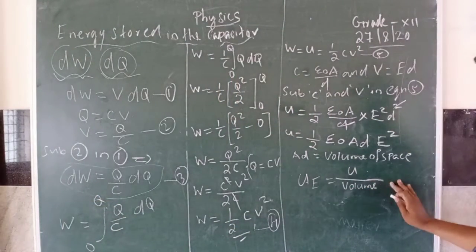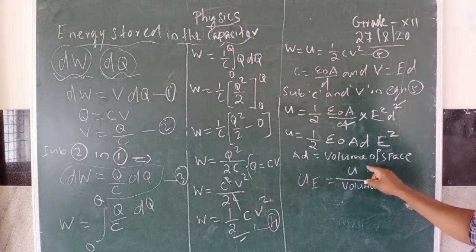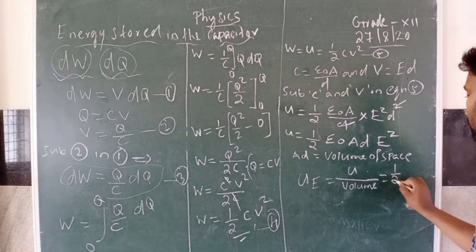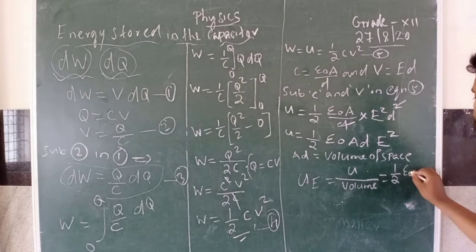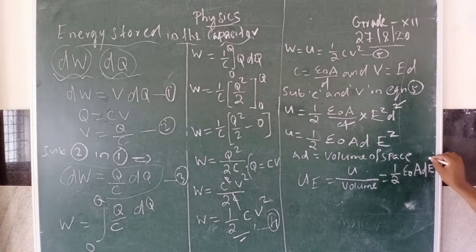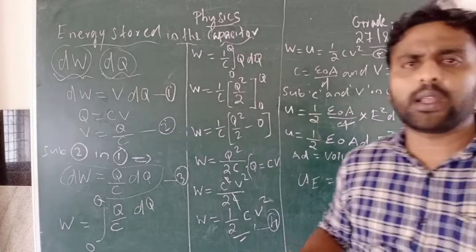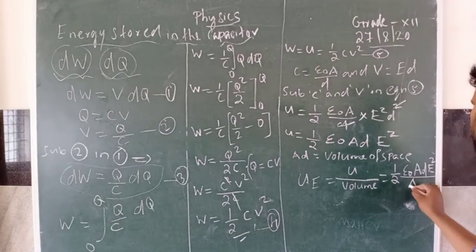So you can rearrange this. What is U? U is 1 by 2 epsilon 0 A by D E square, divided by volume. What is volume? Area into distance, AD.